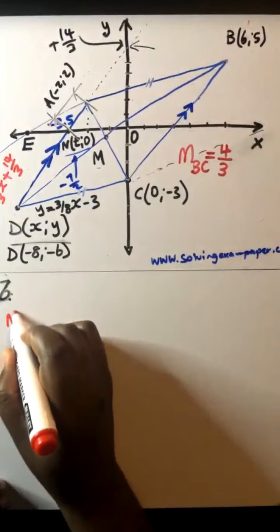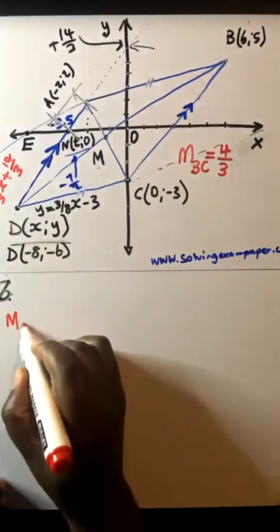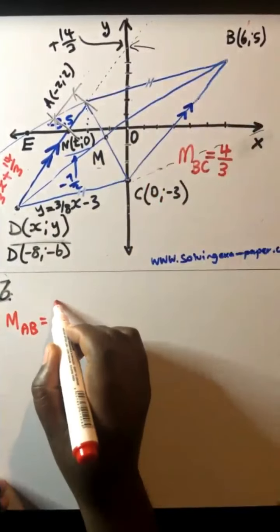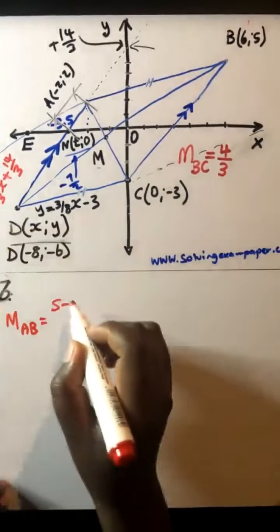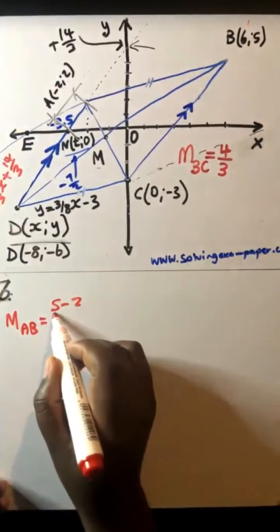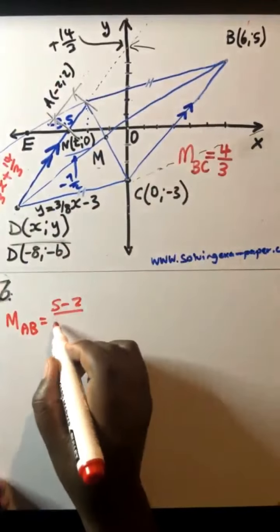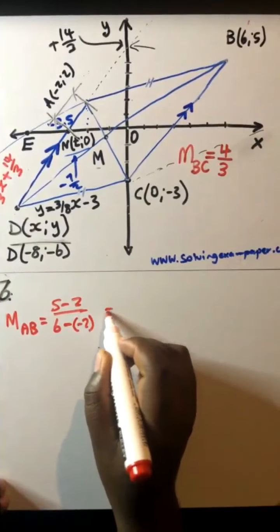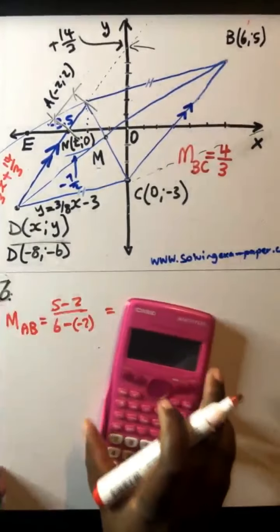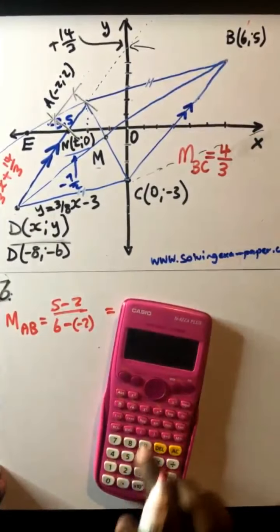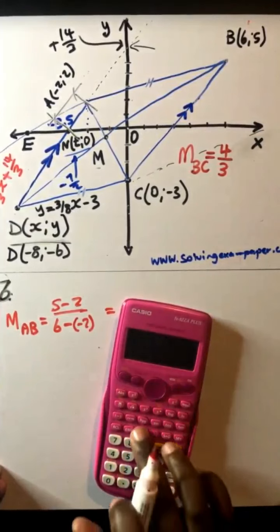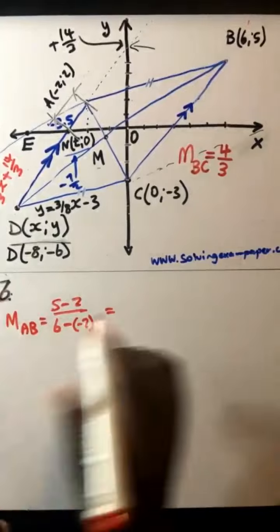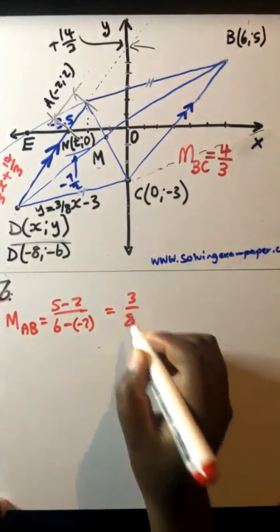The gradient of AB is y2, which is 5 minus 2 on A, over x2, which is 6 minus negative 2. Let's punch all of this on a calculator. It equals 3 over 8.